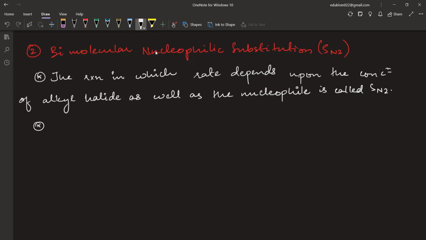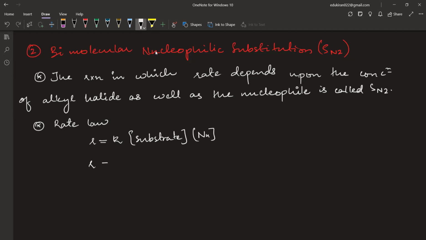For this reaction, the rate law is R is equal to the rate constant K multiplied by the substrate concentration into the concentration of nucleophile.